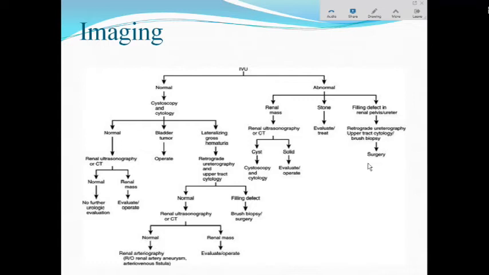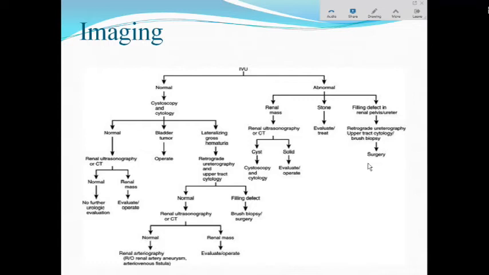If it is normal, then you can get a CT. If it is normal, do a renal arteriography, because there is hematuria on your cystoscopy, with blood coming from one side's ureteric orifice. So even if your RGU, cytology, or CT is normal, you have to do further imaging.